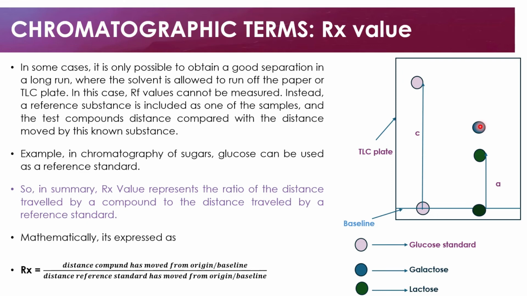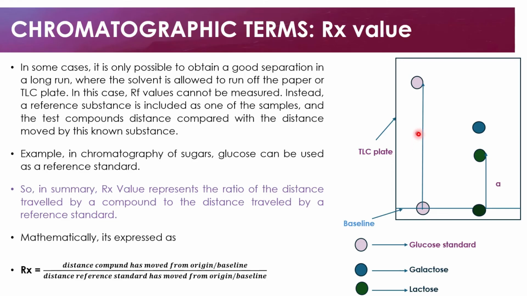So if you want to calculate the RS value for lactose, it will be the distance traveled by the lactose from the baseline or the origin, given as A, divided by the distance traveled by our reference standard, which is the glucose, from the baseline or the origin, given as C over here.